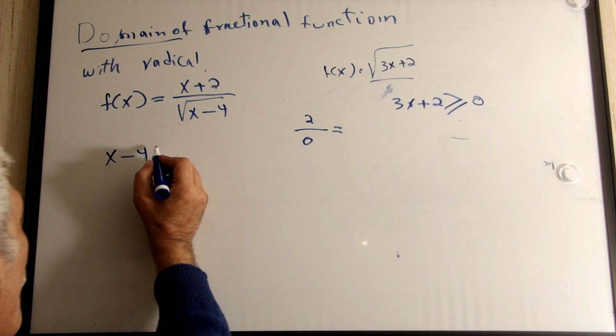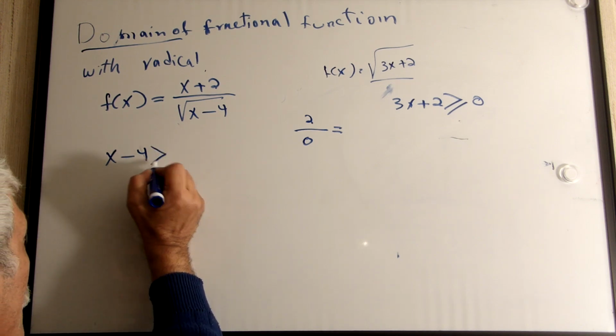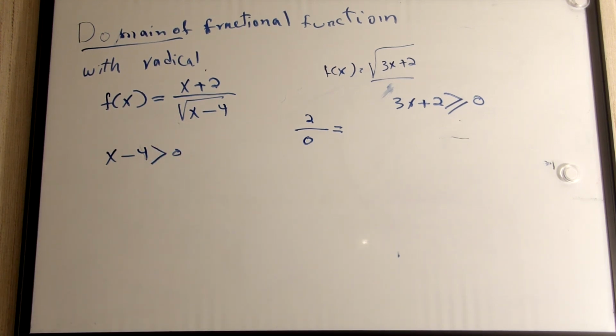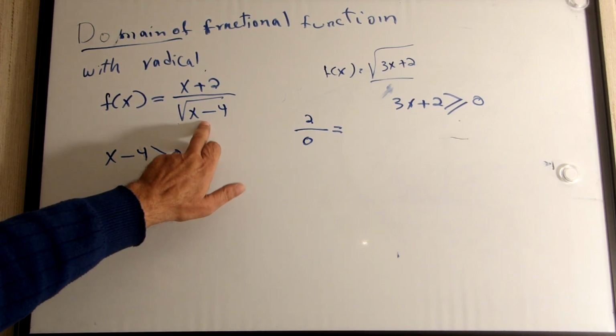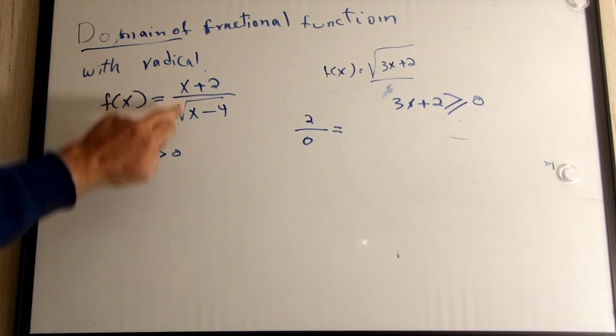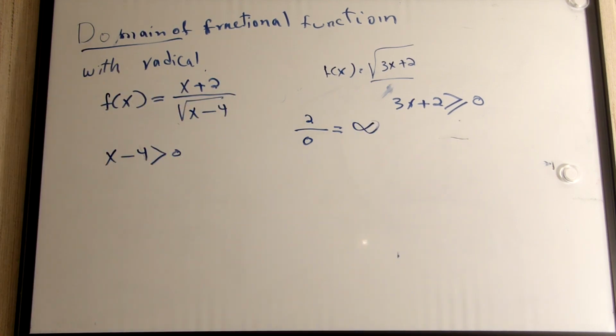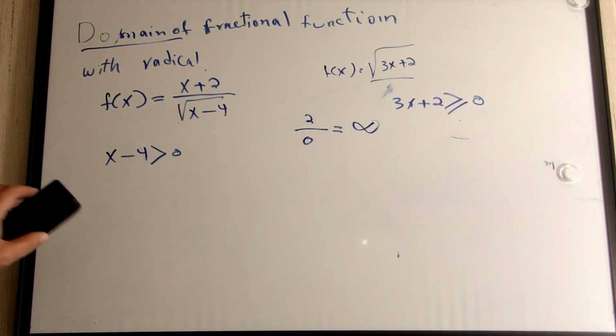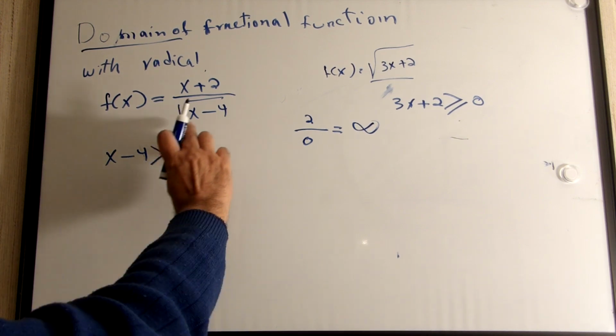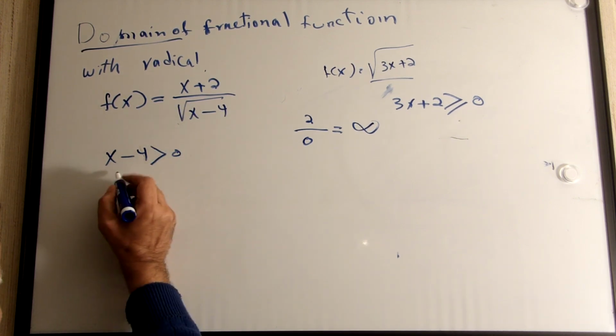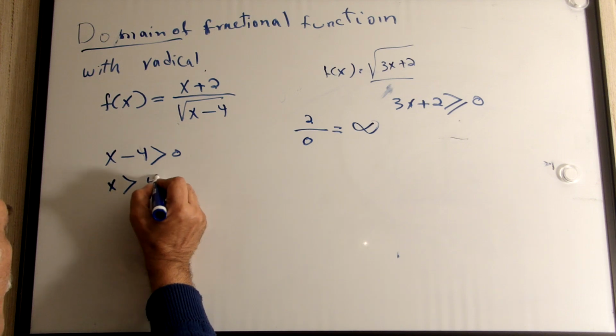But here we can only say it has to be greater than 0, because if it is equal to 0, then the number divided by 0 is infinity, and we don't want that. So what is under the radical is greater than 0, and x is greater than 4.